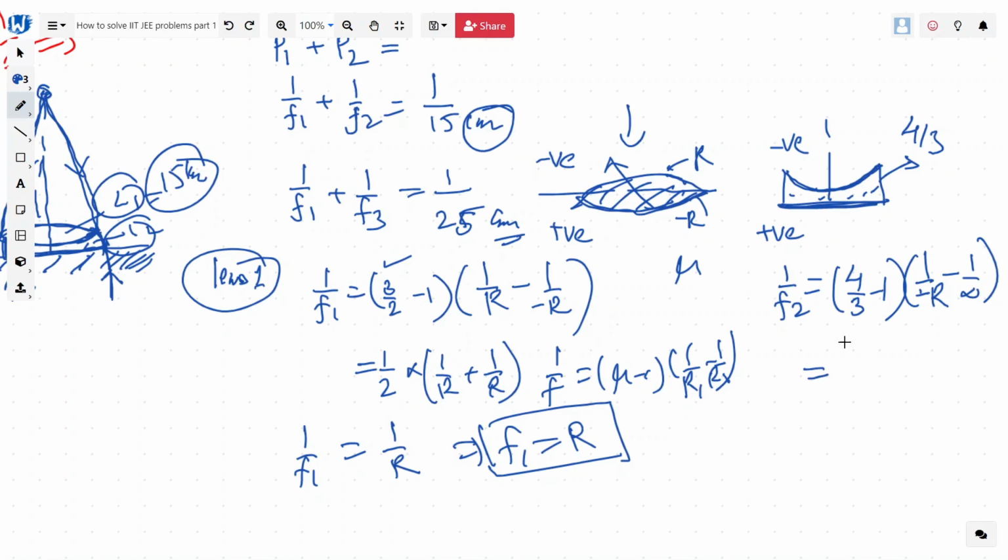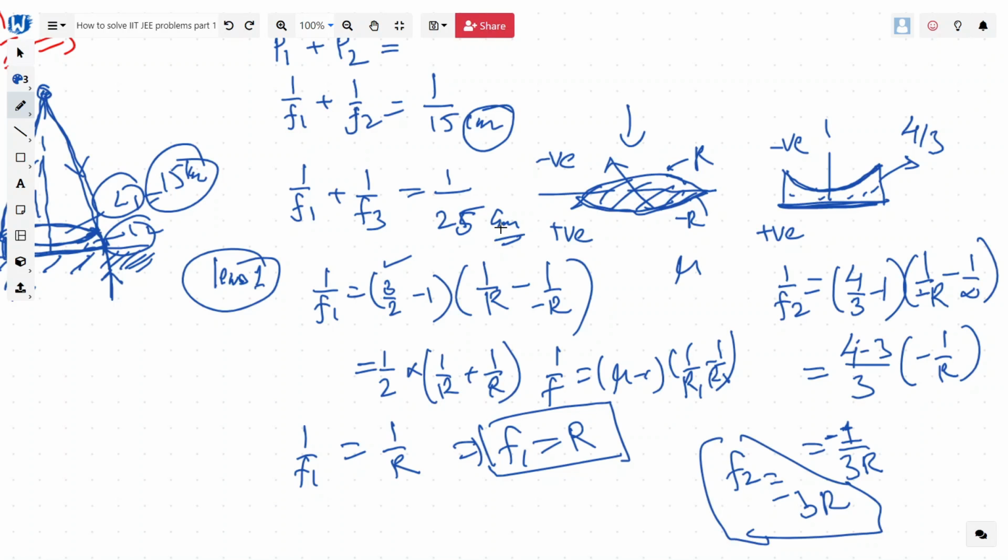So this is 4 by 3 minus 1, giving f2 equal to minus 3r.